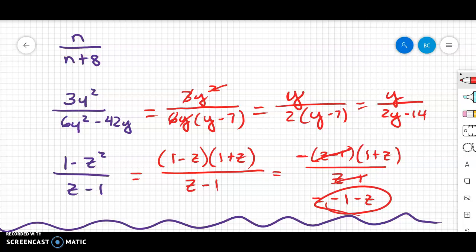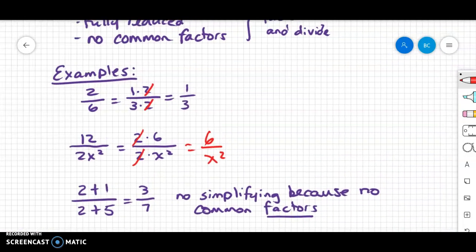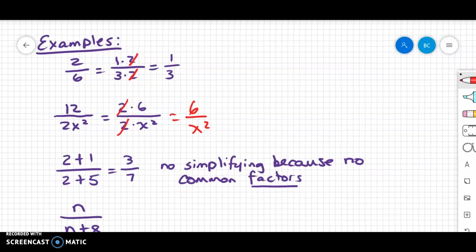I want to come back up here and go through these examples again with another question. One of the things you're often asked to do when simplifying rational expressions is also identify the excluded value. From the work we were doing with graphing, we know we can never have a 0 in the denominator.